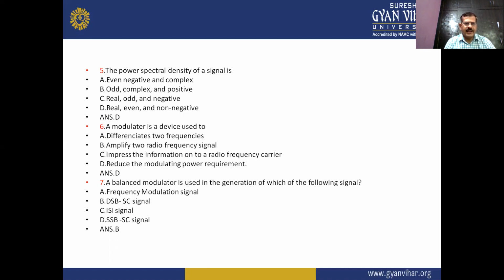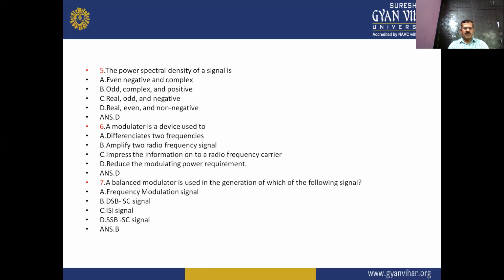And next, a modulator is a device used to, so what is the use of a modulator? Option A, differentiate two frequencies. Option B, amplify two radio frequency signals. Option C, impress the information onto a radio frequency carrier.